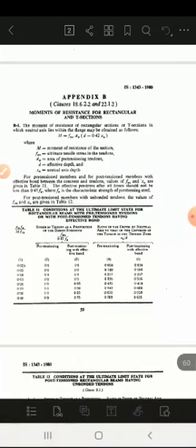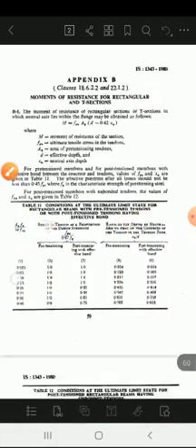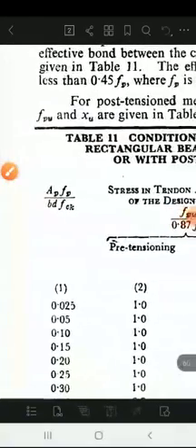What is table 11? Table 11 gives the conditions at the ultimate limit state for rectangular beams with pre-tensioned tendons or post-tensioned tendons having effective bond. Before that, first we need to calculate the ratio AP into FP divided by B into D into FCK.